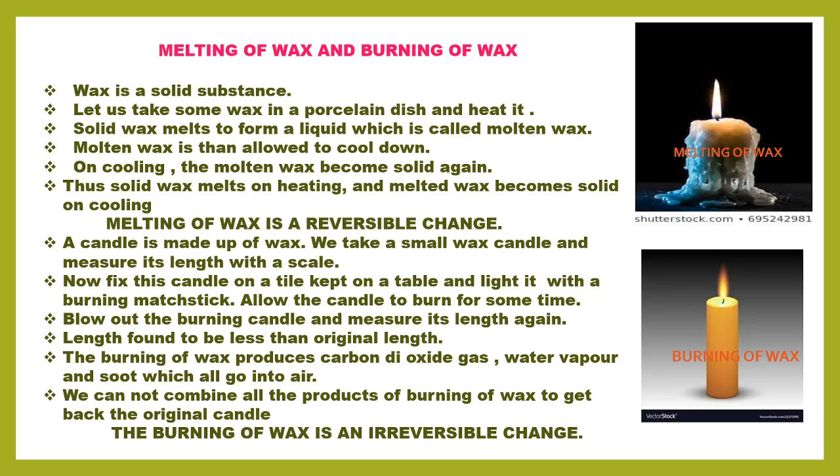So the different experiments we had done were with the same substance, that is wax. Once it is showing melting, once it is showing burning. Melting of wax is a reversible change, burning of wax is an irreversible change.